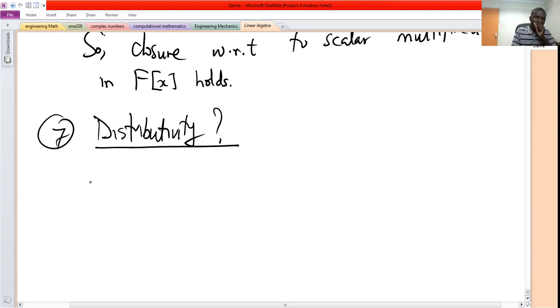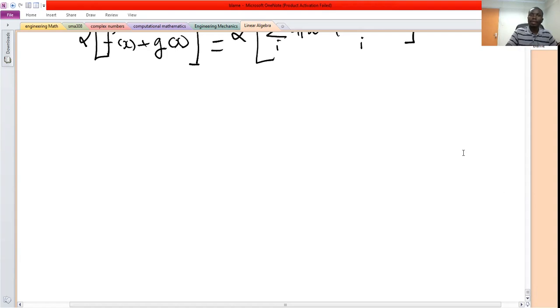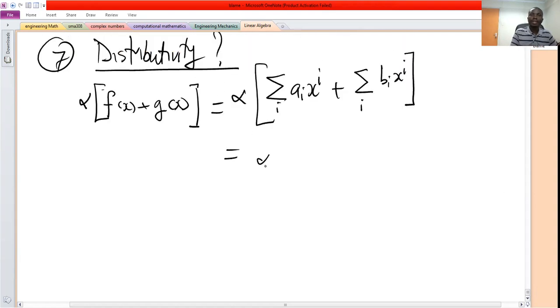We have alpha times (f(x) plus g(x)), which will be given by alpha into the summation of a_i x^i plus the summation of b_i x^i, and then this is the same as alpha times the summation of a_i x^i plus alpha times the summation of b_i x^i.